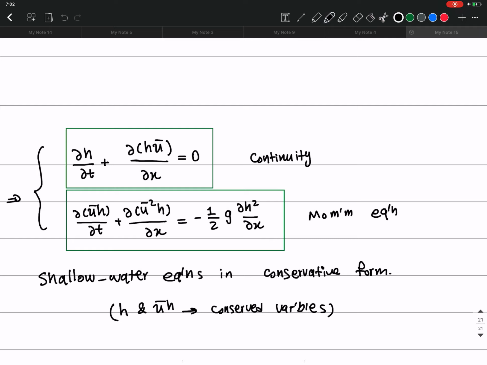Okay, so you have these two unknowns, and you can simply solve these two PDEs together to get u bar and h at each time, given the initial and boundary conditions of your problem.